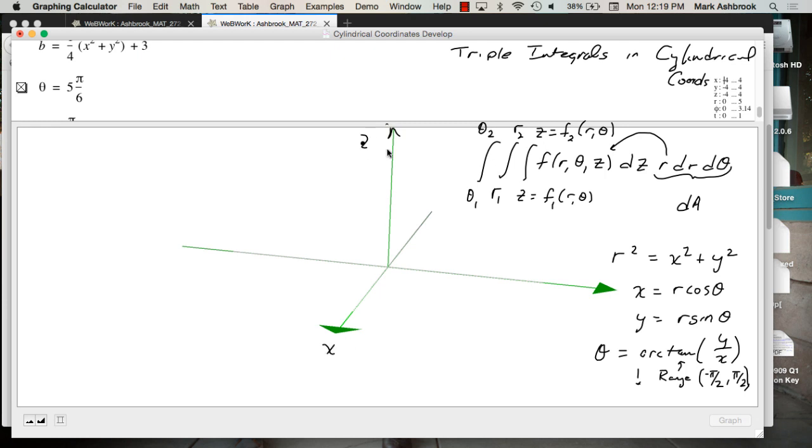So looking this way, our theta would be counterclockwise from the positive x-axis going like this. So our theta would be in the xz plane, still the standard trig angle, but now in the xz plane. So that would be dy r dr d theta, where the r and theta are transformed polar coordinates from the xz plane.